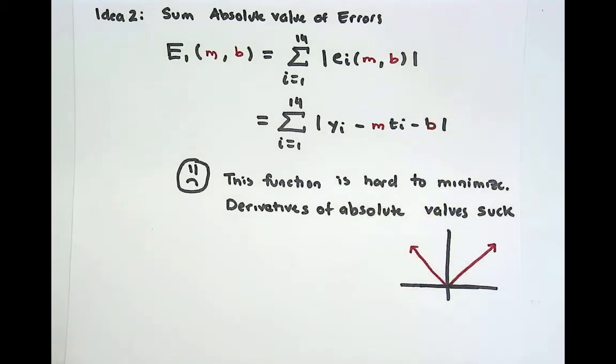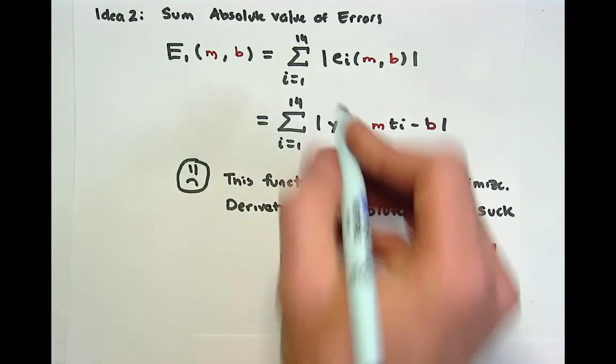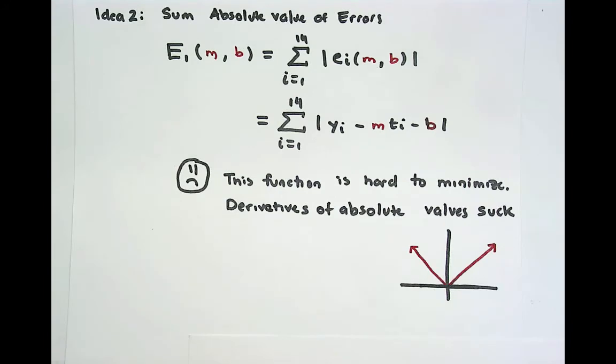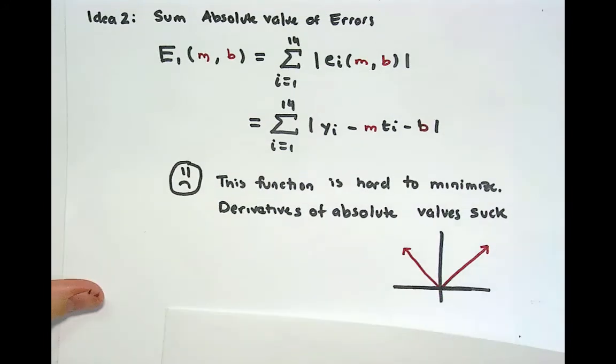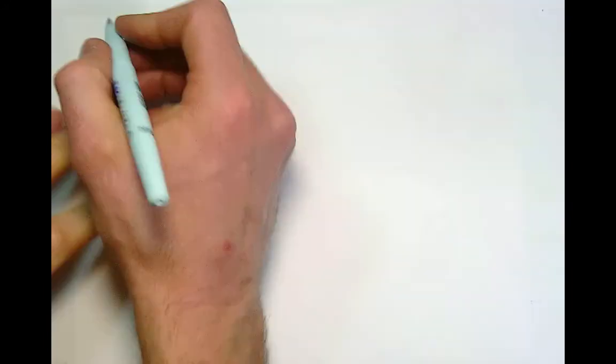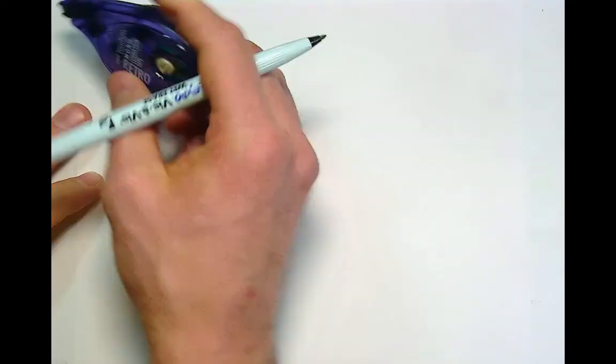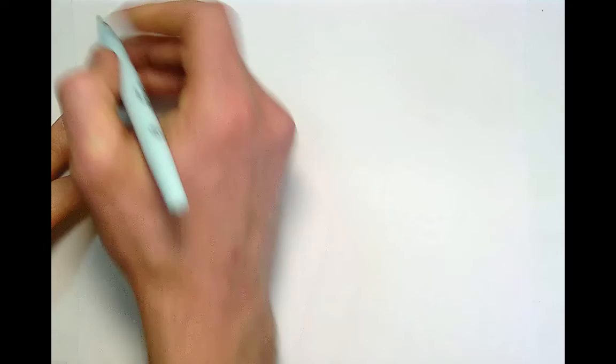So then we ask ourselves, well, is there another type of function that we could use that guarantees positivity and behaves really, really well when it comes to derivatives? Yep. So this is going to be idea 3.